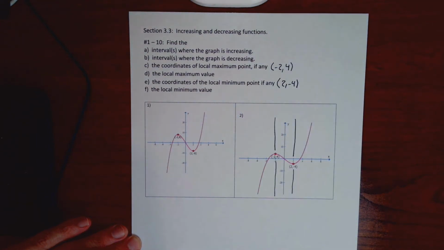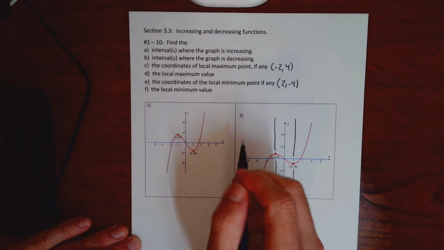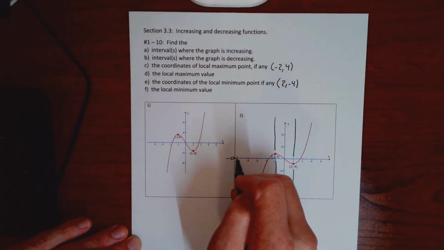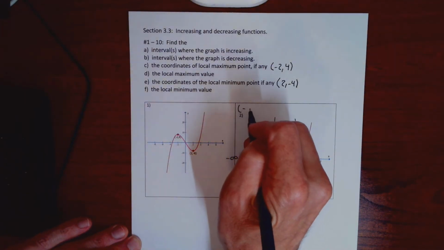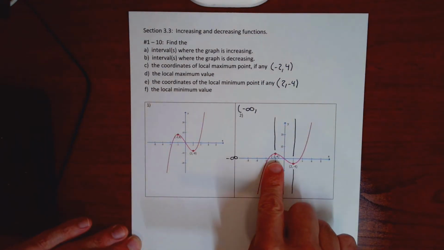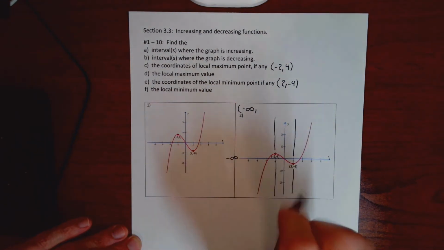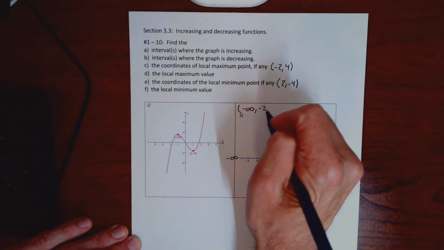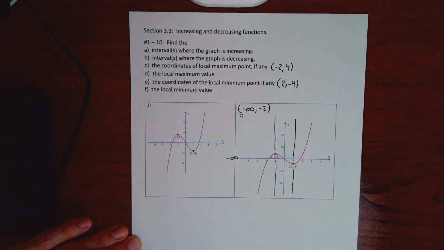Now I'm going to create intervals to describe the increasing and decreasing. The first interval is going to go from the far left edge of the x-axis, which is x equal negative infinity, round parentheses, to the x-coordinate of this local maximum point, which is x equal to negative 2, also round parentheses.